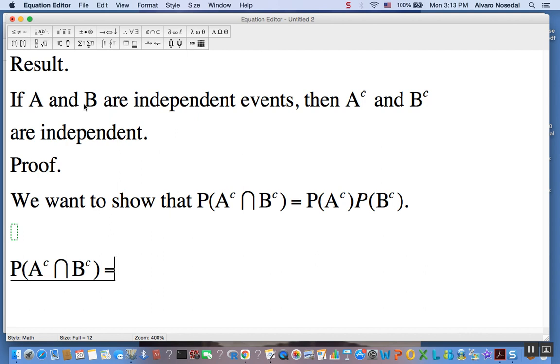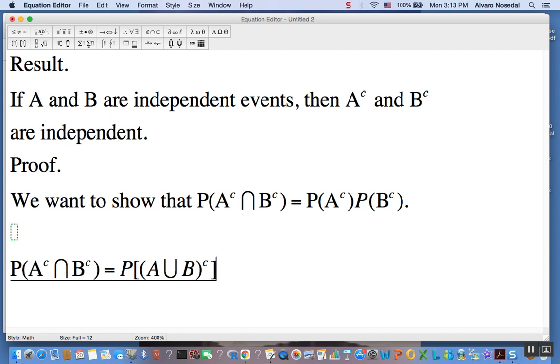So first, in general, for any events A complement and B complement, the probability of A complement intersection B complement is the same as the probability of the complement of A union B. And that holds for any events A and B, right? That holds in general.